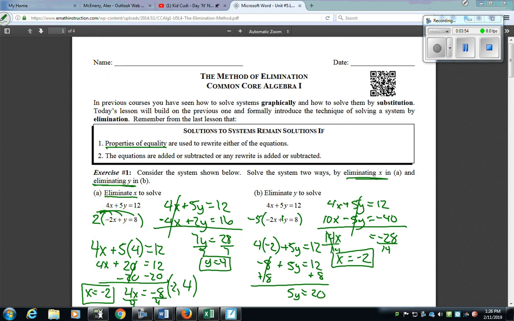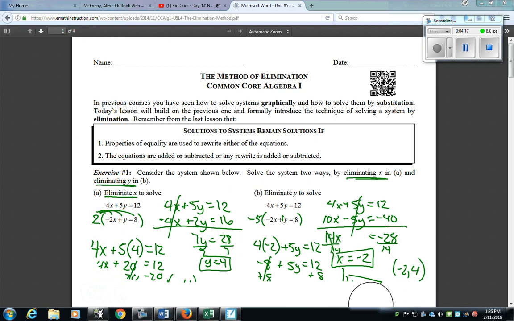You can pause this at any point if I'm writing too fast for you. Then divide by 5, and y is going to equal 4. So for each one of these, we get the same two values, negative 2 and 4. So really, there is more than one way to solve any system.